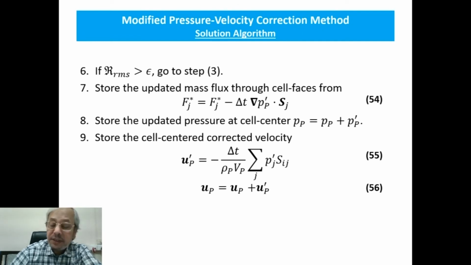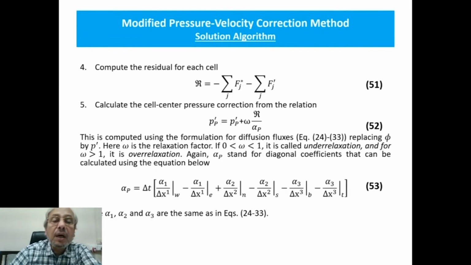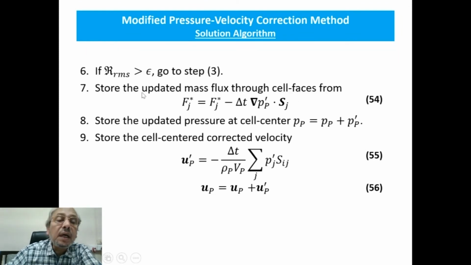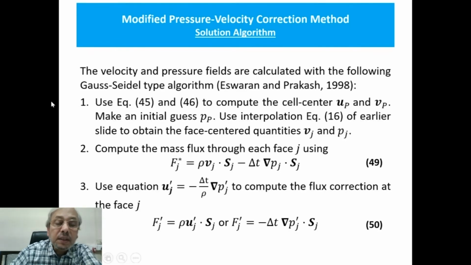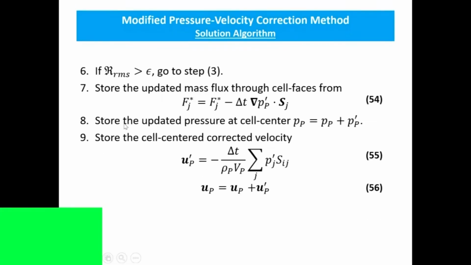Now for our residue, we calculate the RMS value. If it is less than epsilon, it has converged. If it is greater than epsilon, then go to step 3 and repeat again.